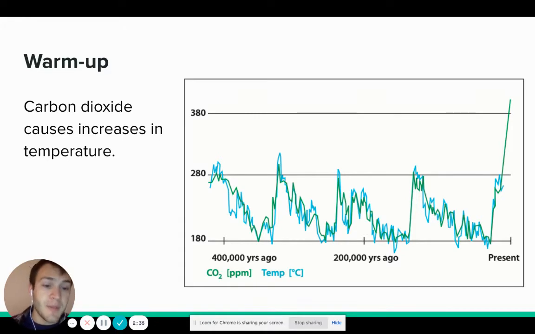But we do know that temperature follows carbon dioxide. And again, if we look at this graph, you might say, oh, but Mr. Bean, carbon dioxide goes way up towards the present, but temperature isn't following it. That would be true. Temperature has not followed it yet, but it will very soon.